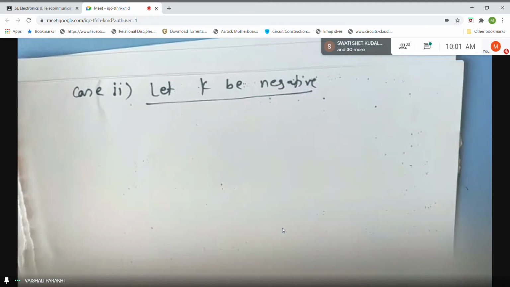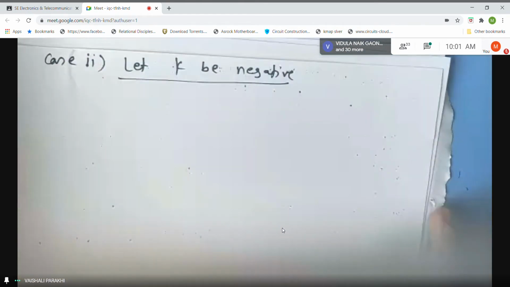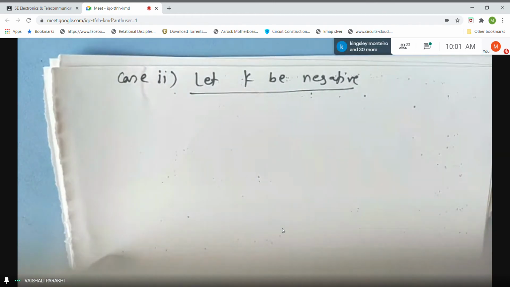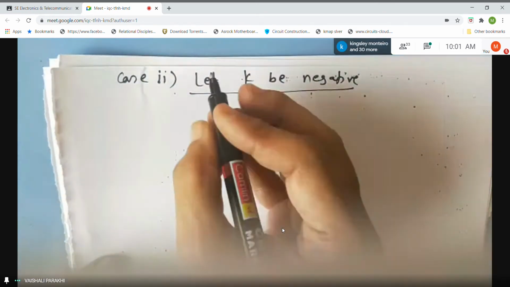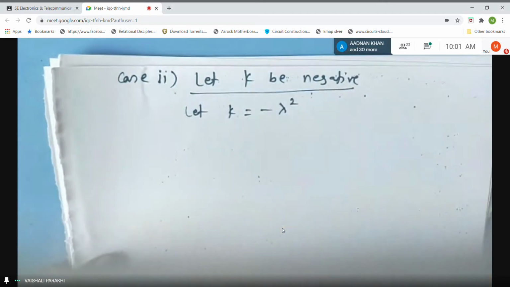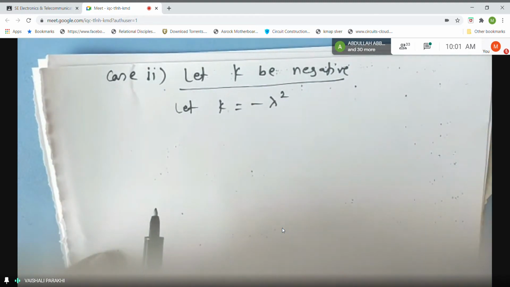Correct? Now, let k be negative means what? What is the safer k you can take? Looking at that, you can say that k is negative. Can't I take it as minus lambda square? Because you are sure that lambda square is positive.